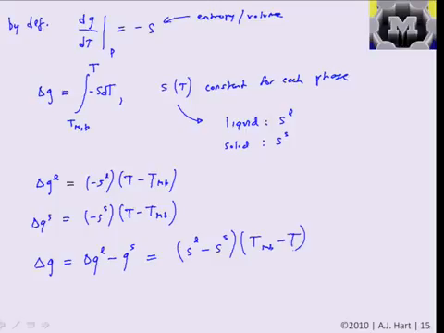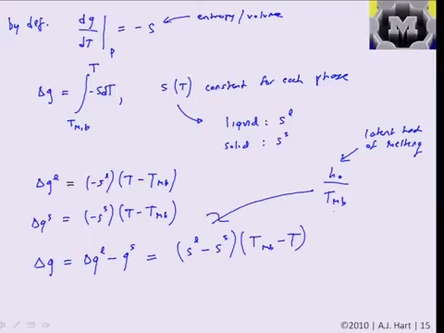times the temperature difference. And this quantity, the difference in entropy between the liquid and the solid state, is typically defined as the latent heat of melting, basically how much energy needs to go in per unit volume to melt the solid, divided by the temperature being the bulk melting point.